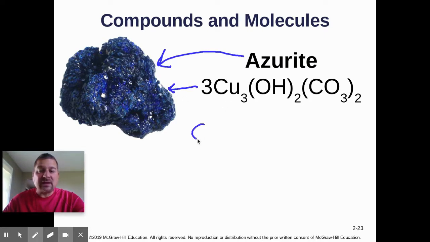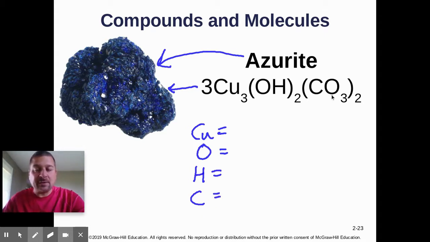So we've got Cu, which are copper ions. We've got these capital O's. OH is not an element. The O is for oxygen, the H is for hydrogen, and then C for carbon, and then more oxygens out here.